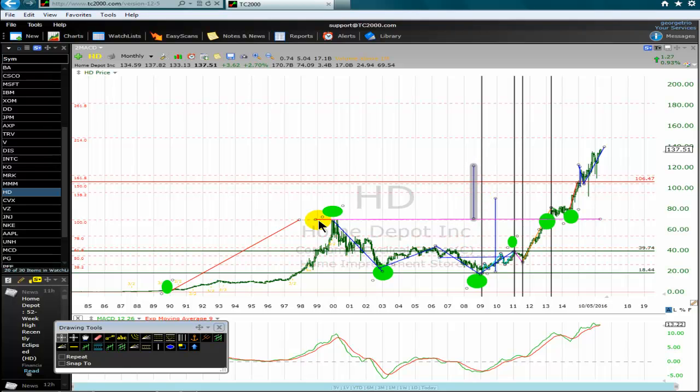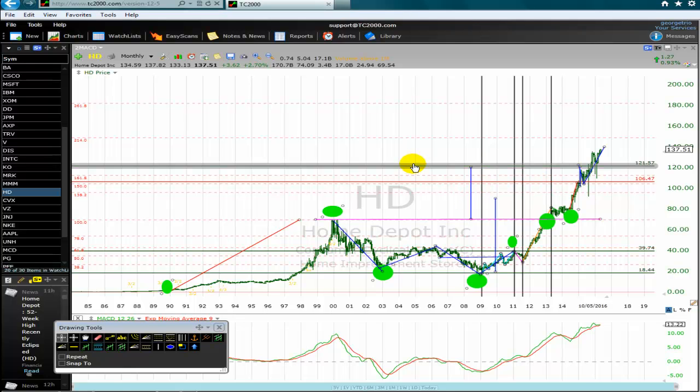What is the neckline? The neckline is the cycle point of the round bottom. Though my expectation is that this stock will start the correction here, other traders are watching this level here, the 12157, which is the projection of the height of this round bottom to the upside.